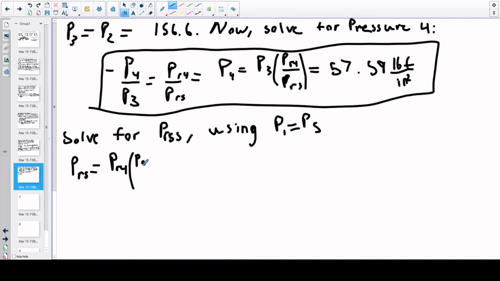And so we have the equation PR5 over PR4 is equal to P5 over P4. When you manipulate to solve for PR5, you get the following. 23.635 is PR5.